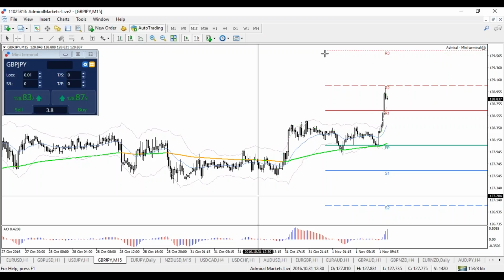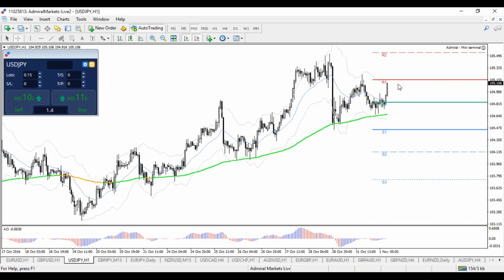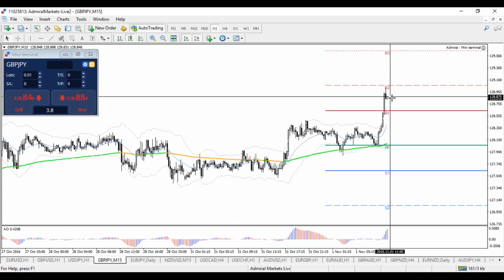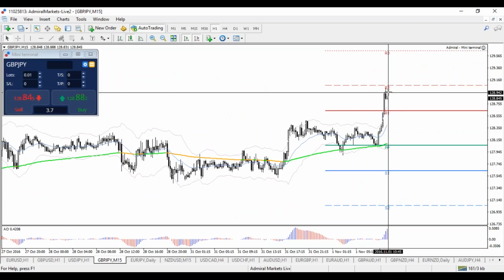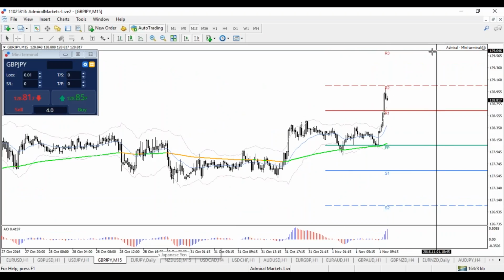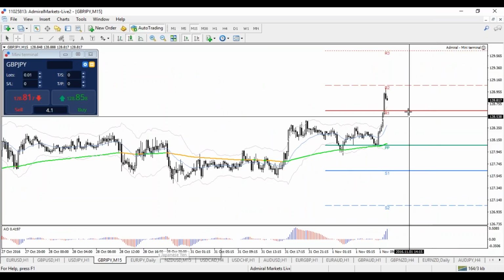Obviously, it depends whether the dollar yen is going to turn here to the downside. If the pound is a false break, those things do add up with the pound yen too. But let me say it this way: if there is a bull flag here and things look good on the dollar yen and pound dollar, there could be a continuation up to R3. Will that happen? I really don't know.